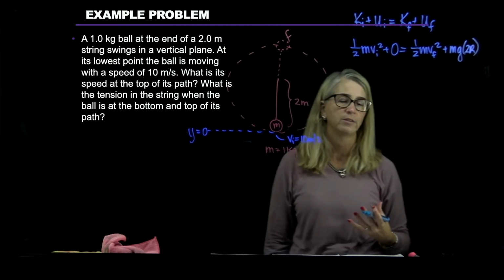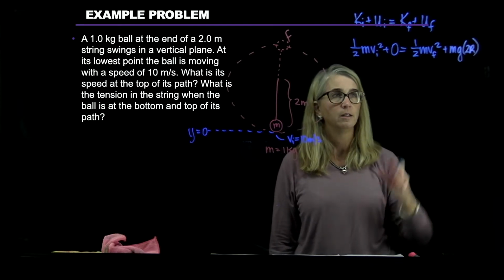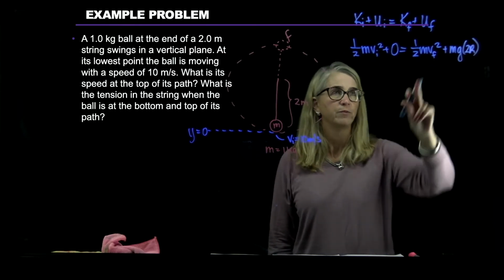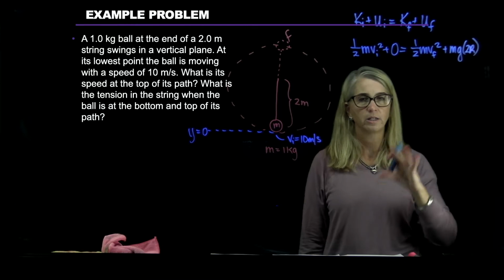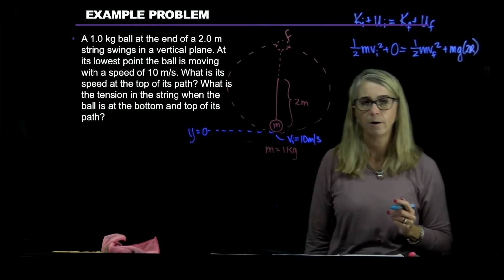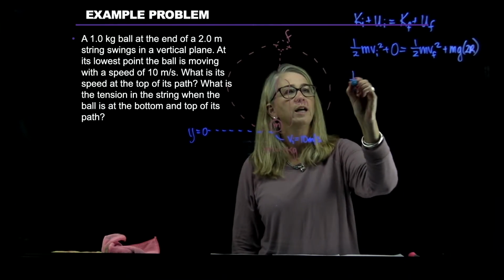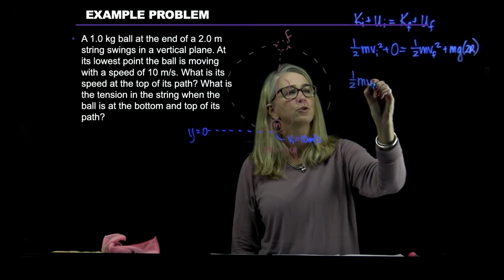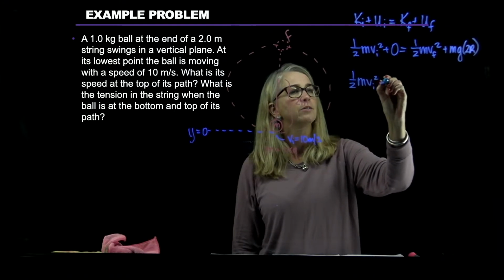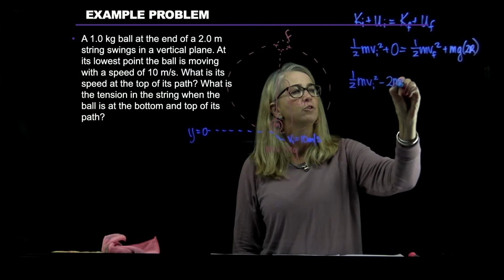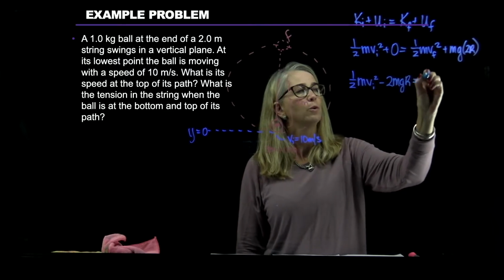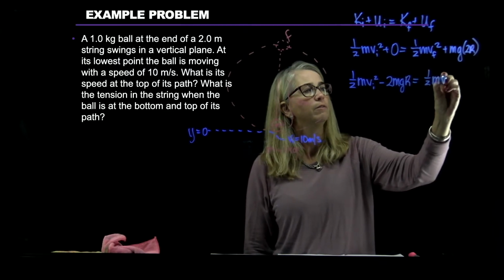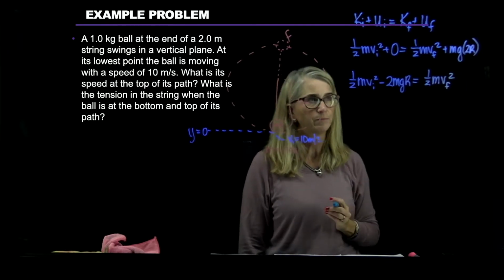This allows us to calculate the final velocity, because all the other terms we know. So we have 1/2 mv initial squared minus 2mgr is equal to 1/2 mv final squared.